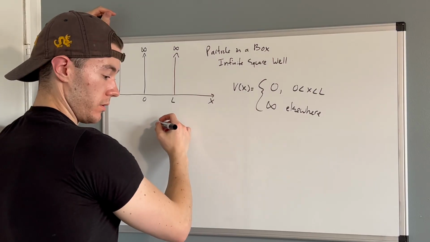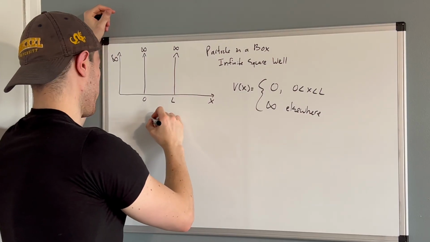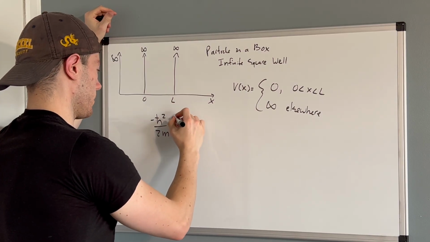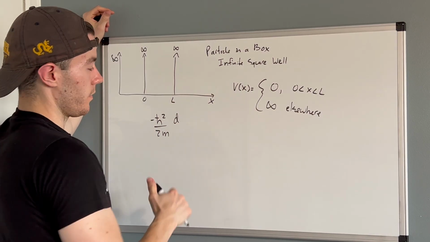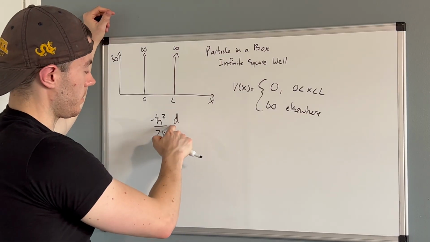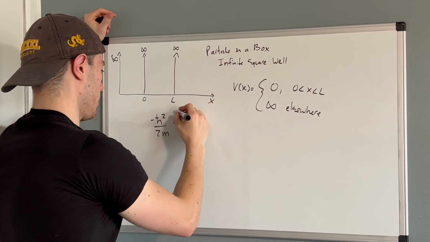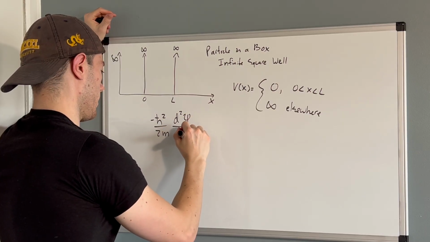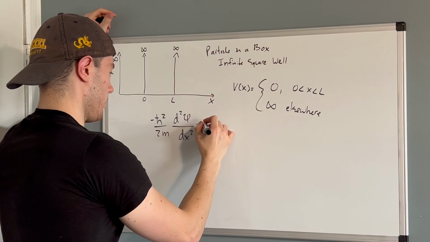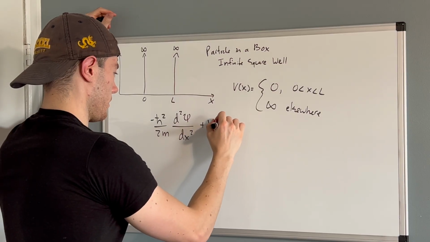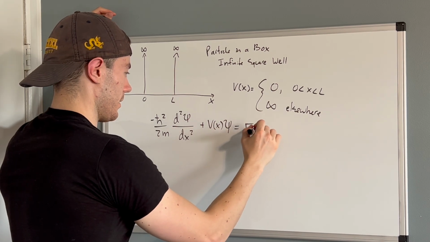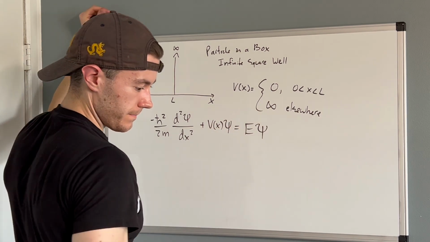So let's just straight up start. We've got to write down the time independent Schrodinger equation. And since we're in one dimension, I'm going to skip the partials and just go to the full derivative. V(x) psi is equal to E psi.